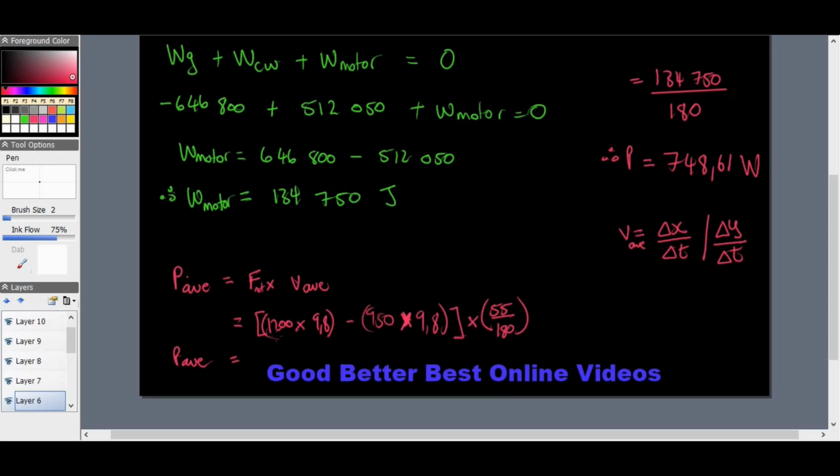Working out the net force, 1,200 times 9,8 minus 950 times 9,8 gives you an answer of 2,450, and that's multiplied by 55 divided by 180. It gives you the same answer as before, 748.61 watts.